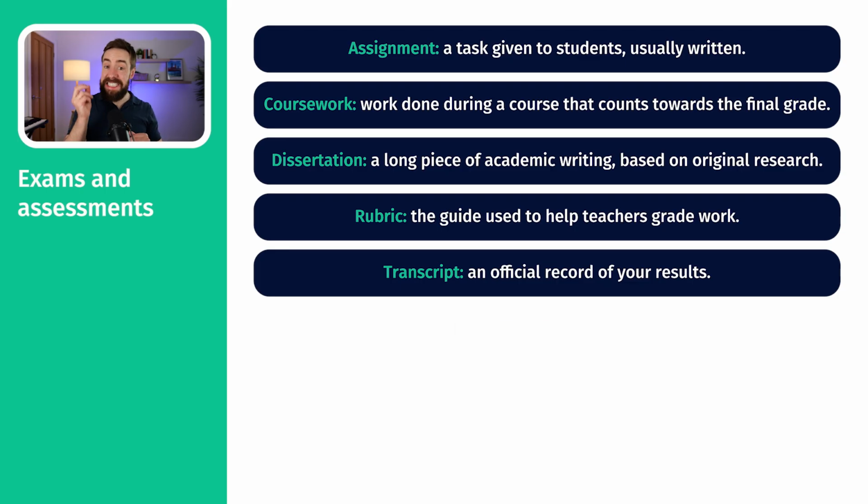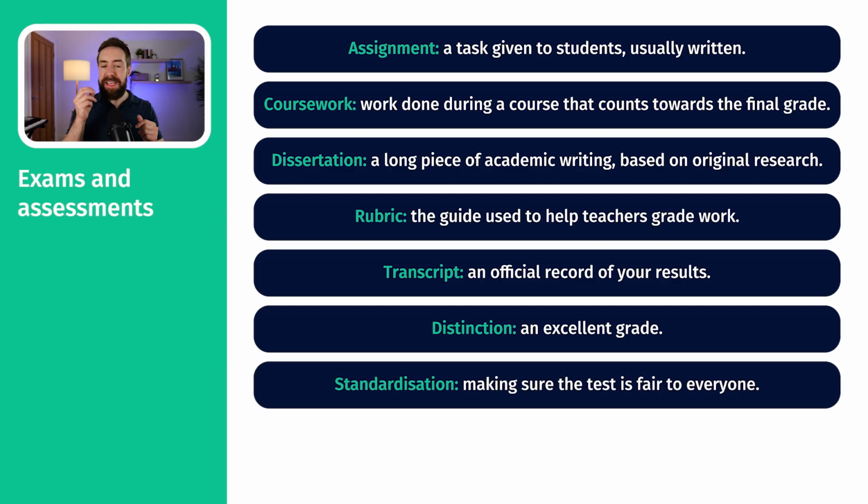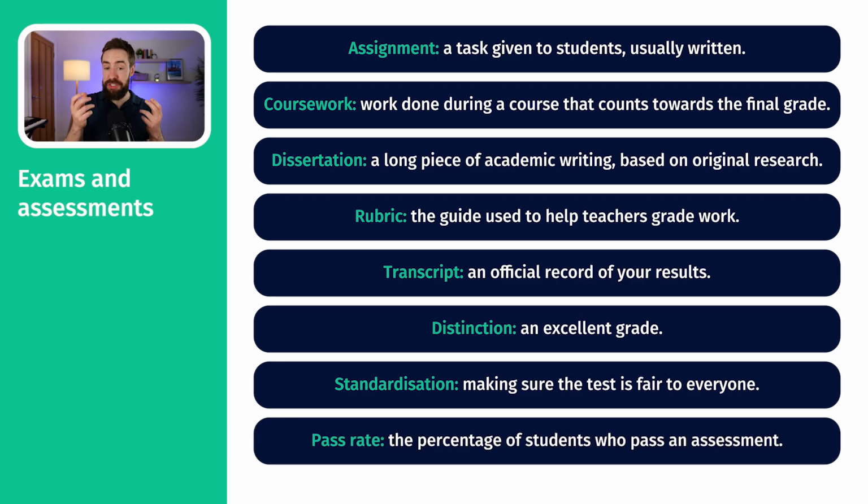If you get a distinction, that means you've got a really excellent grade, a really high grade. Standardization is the idea of making sure that the exam is fair for everyone, that everyone has the chance to show their best in the exam. And finally, pass rate is the number of students or the percentage of students in a class or in a whole year, in a course, who pass the final exam.